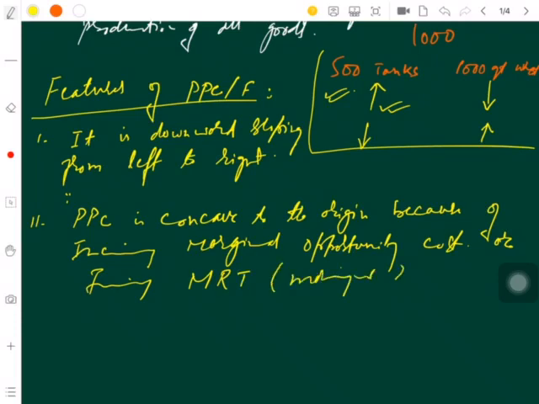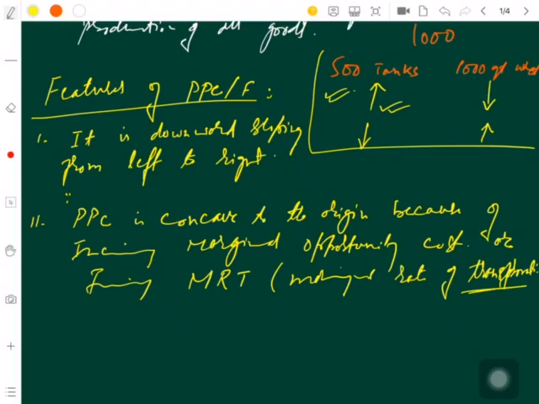Marginal rate of transformation. As the word says, you are transforming things from X to Y, from Y to X, so on and so forth.